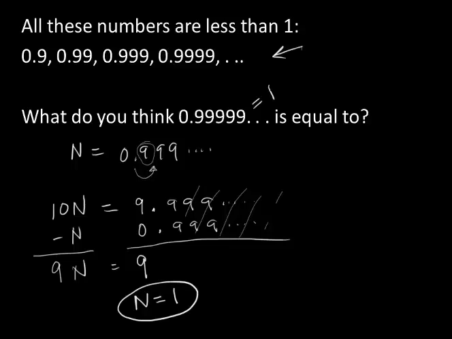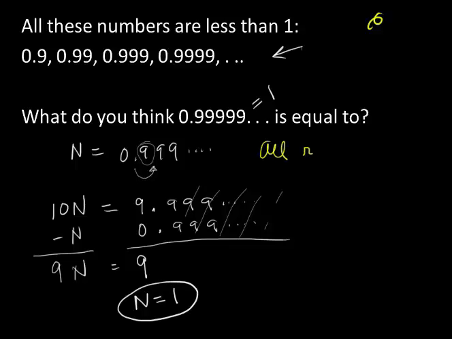And these are the only kinds of numbers that have different ways of representing it as a decimal number. Let me kind of write that in the margins here.